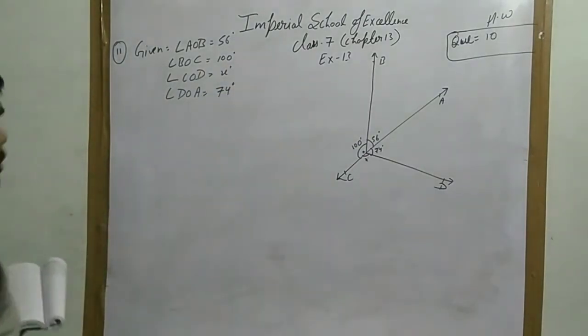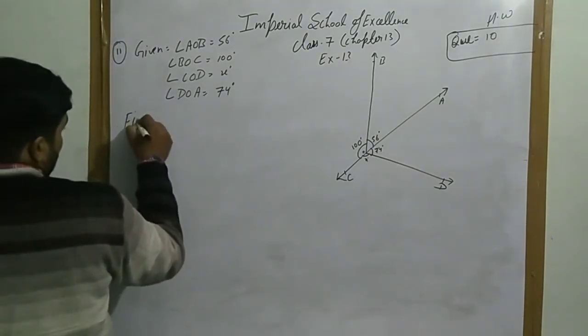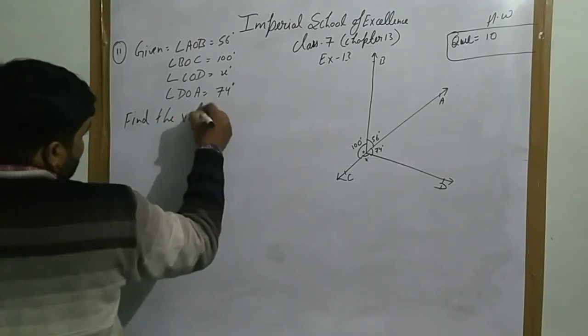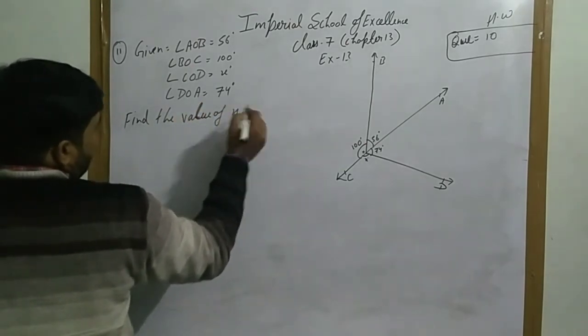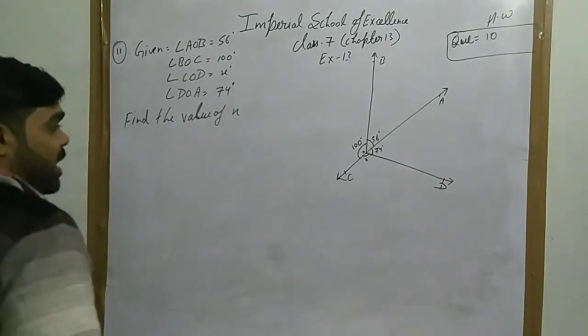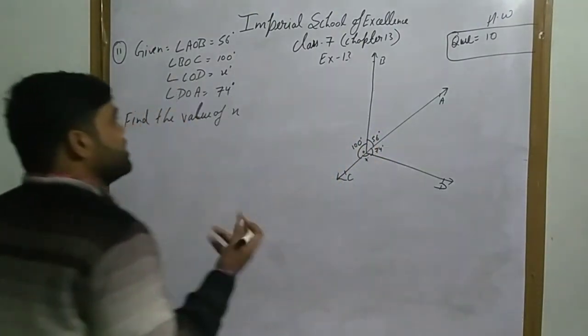This much is given to you. You have to find the value of X. Now the hint is given: the sum of all angles around a point is 360.